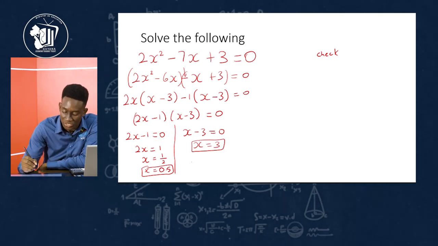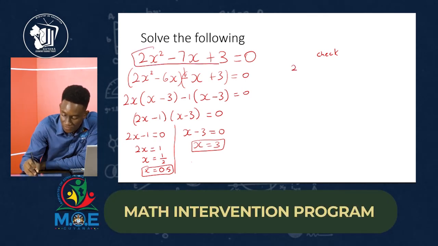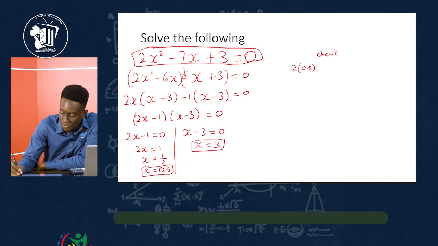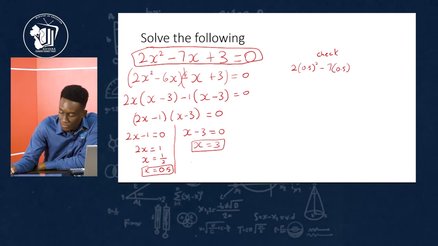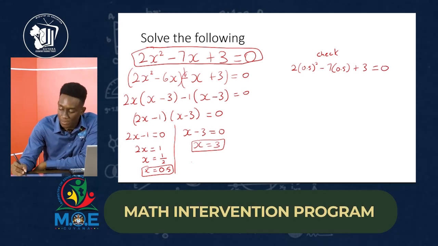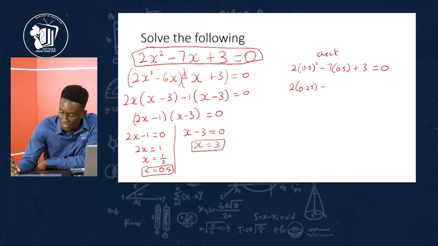So let's take the first one, which is 0.5. So we're taking this equation and we're putting x equals 0.5 inside. So this will be 2 multiplied by 0.5 instead of x raised to the second power, subtract 7 times 0.5 plus 3, and that should be equal to 0. So 0.5 raised to the second power will be 0.25, so 2 multiplied by 0.25, subtract 7 times 0.5 will give us 3.5, plus 3, and that should be equal to 0.